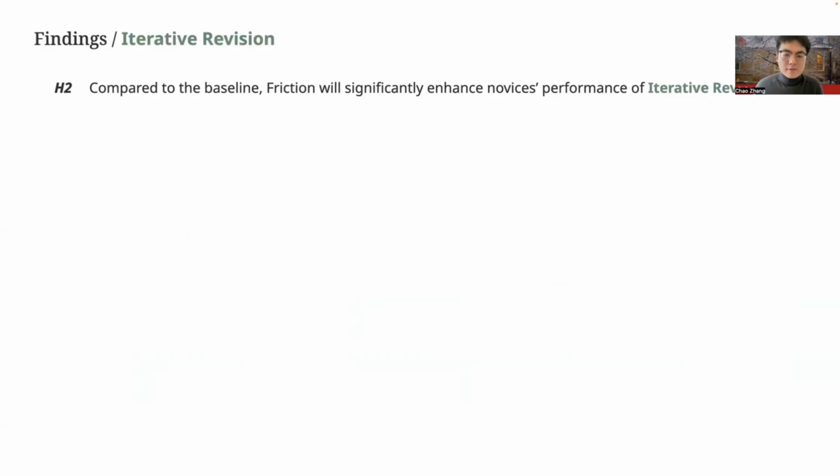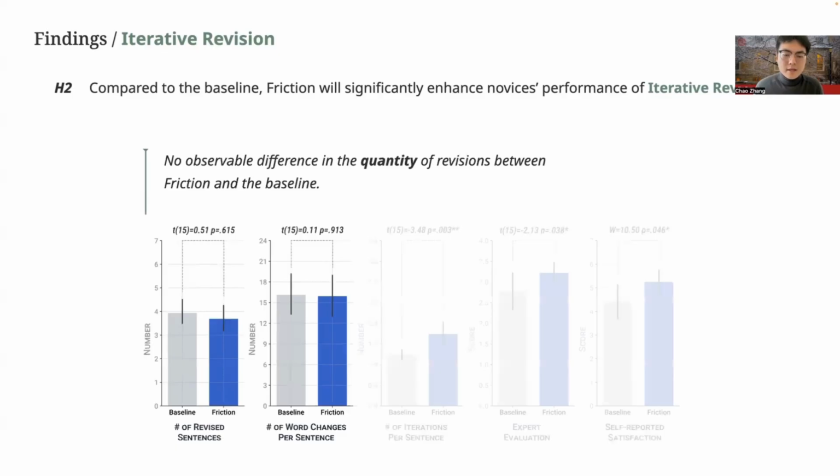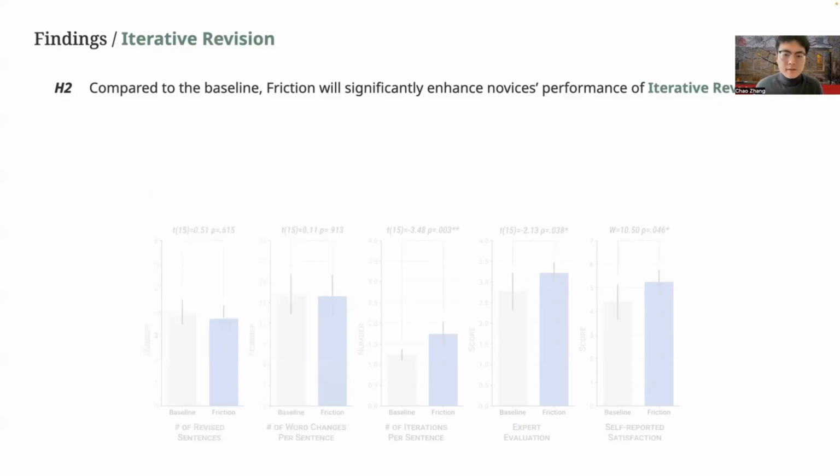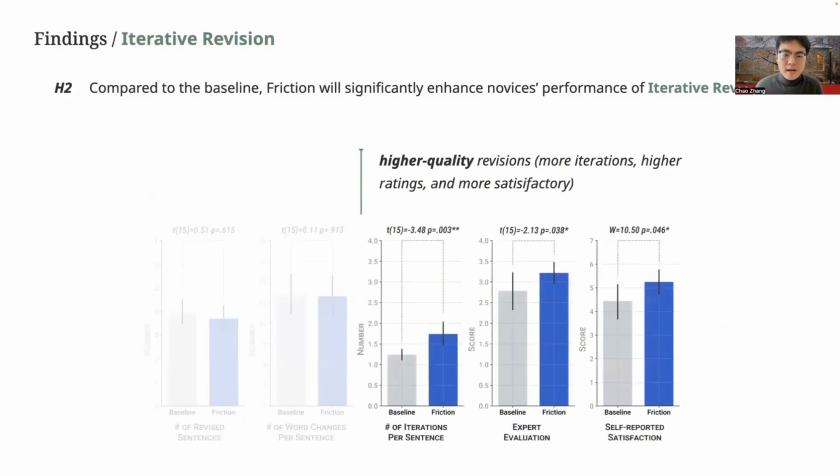However, when it comes to novice's performance of iterative revising, we didn't observe any difference in the quantity of revisions between Friction and the baseline. But participants produced higher quality revisions, such as more iterations, higher ratings by experts, and more satisfaction with their outcomes. This can be partially explained by the upstreaming effect from their better performance in reflection.